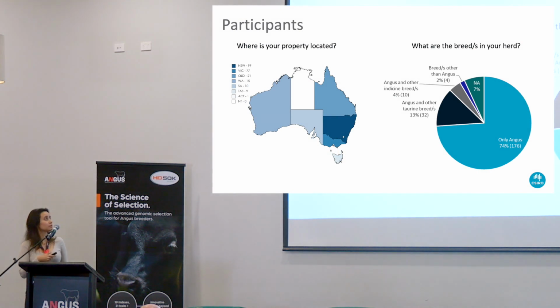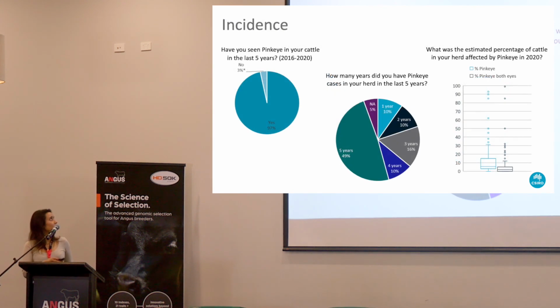So we have answers from most of the states in Australia, just really showing how widespread the disease is. And most of our participants breed Angus only, but there is a smaller percentage that breed Angus and other taurine breeds too. When we asked, have you seen PINKEYE in your herd in the last 5 years, 97% of the participants said yes.